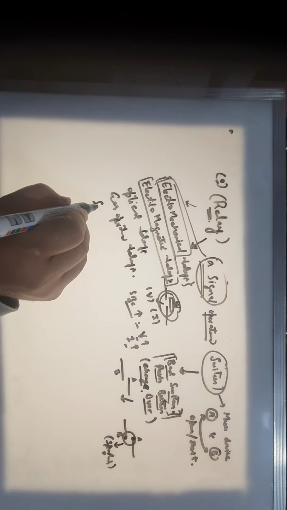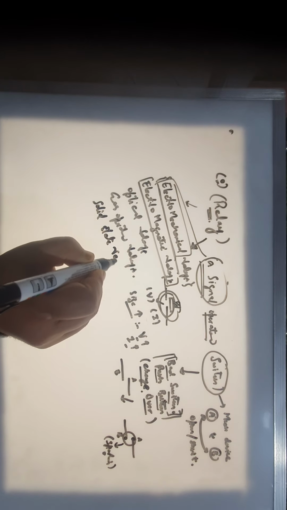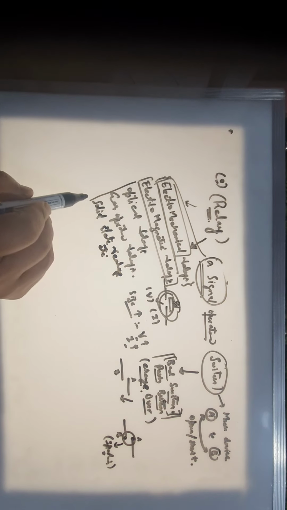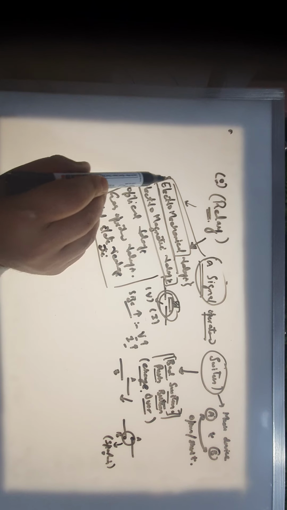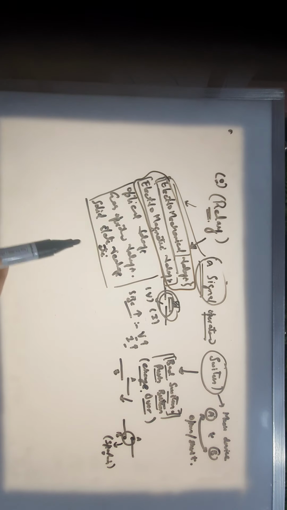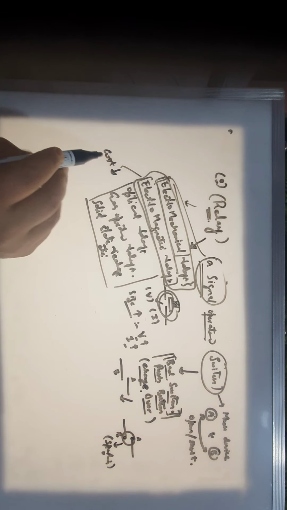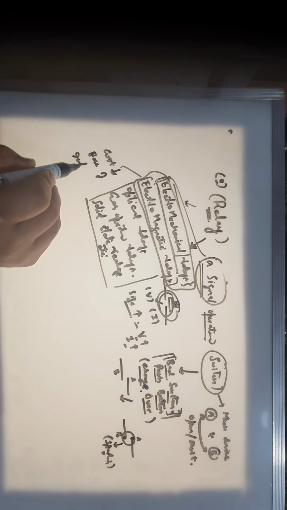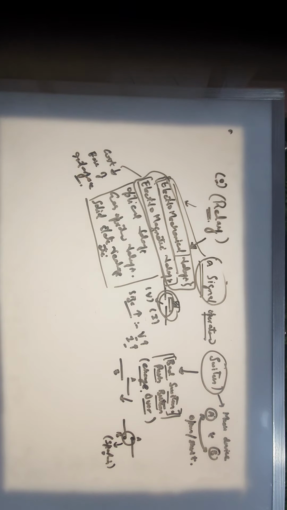We have solid state relays, etc. But the most common form of relays that we use is this electromechanical or electromagnetic relay, because of the lower cost and because of ease of interface. We can interface them easily.